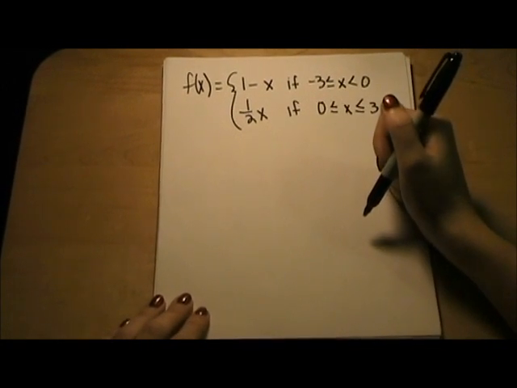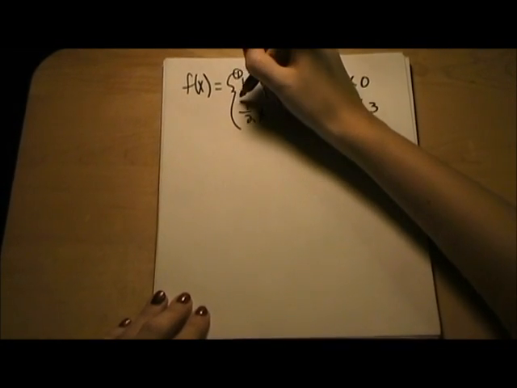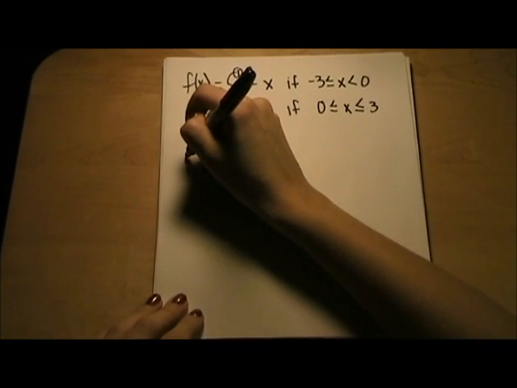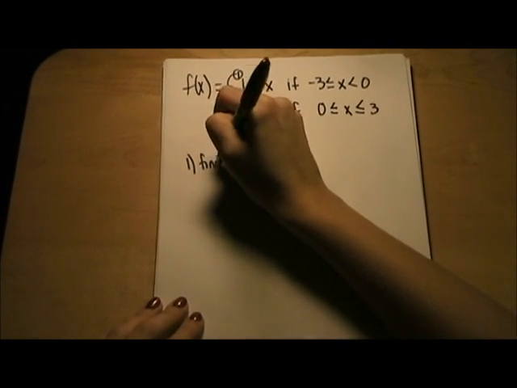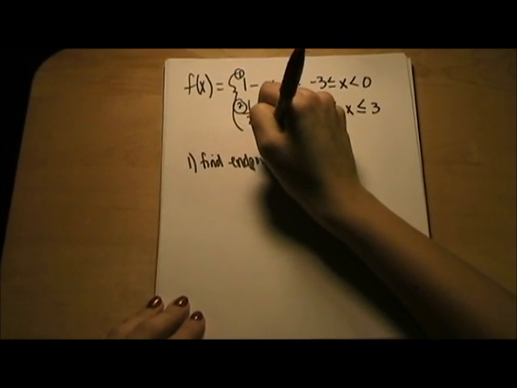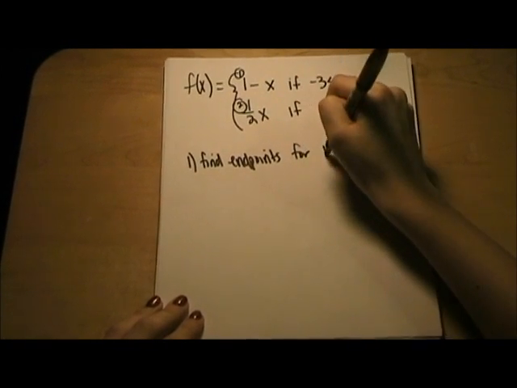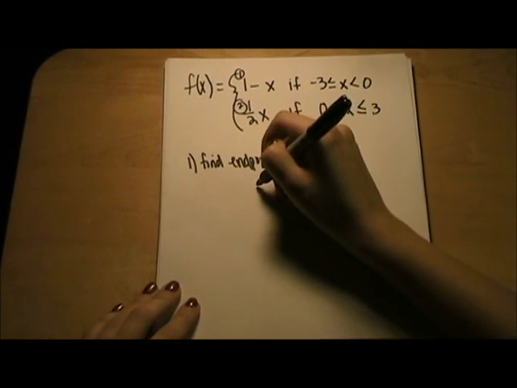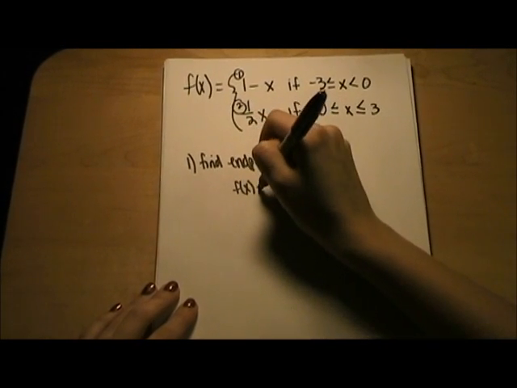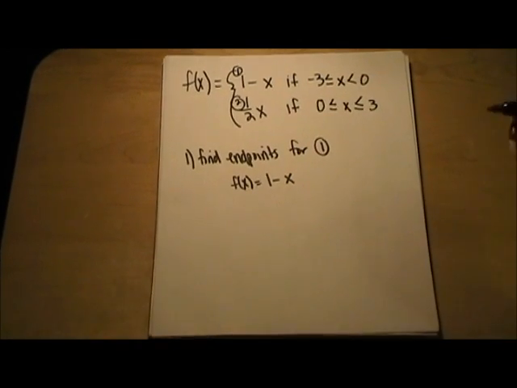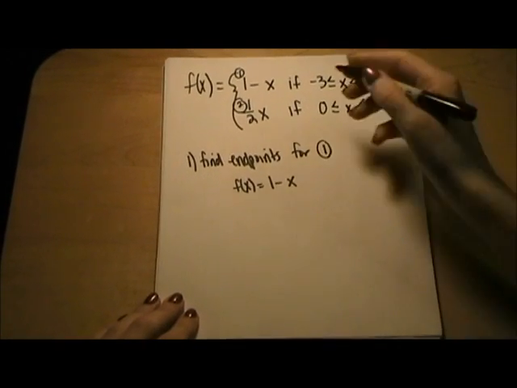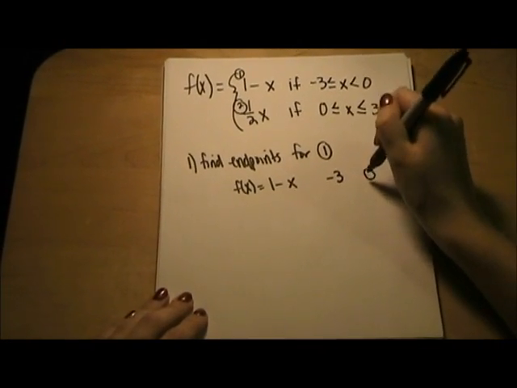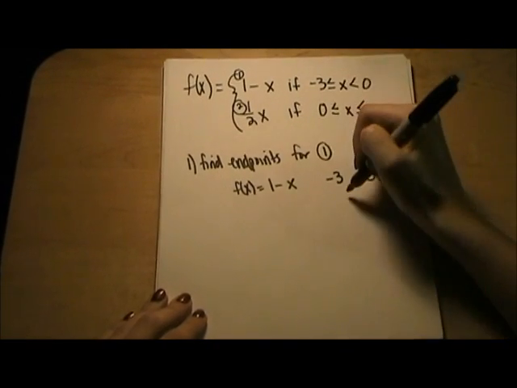So to draw a piecewise function, I'm going to call this equation 1 and equation 2. So first step, we're going to find endpoints for equation 1. So we have 1 minus x, and we have -3 and 0 as our cutoff values. So I'm going to plug each of those in.